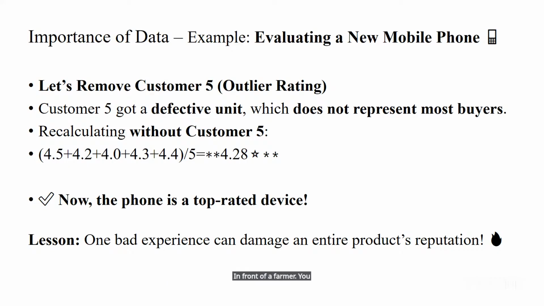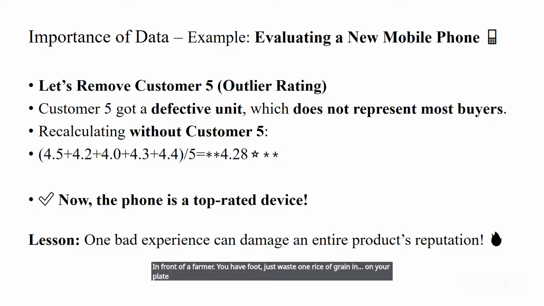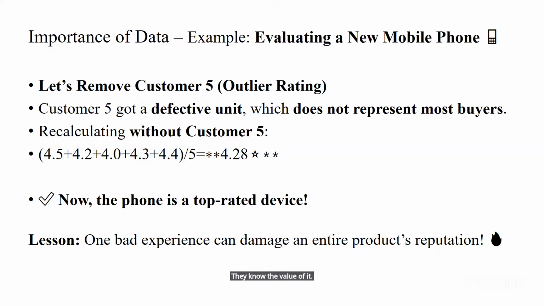What is the consequence? They know the value of it. They feel disrespected. They'll start scolding you like anything. Yes or no? Yes. For us, we waste our food here in the city.